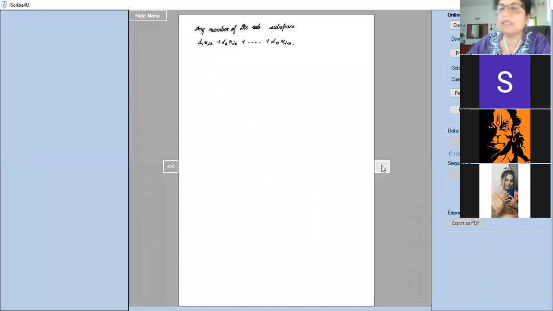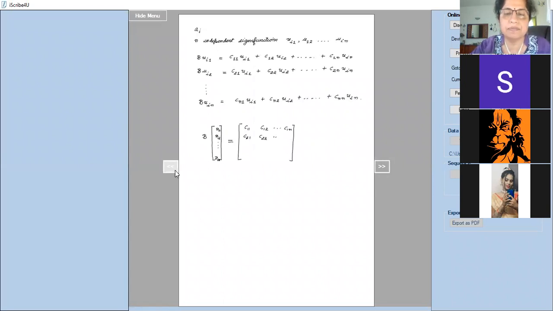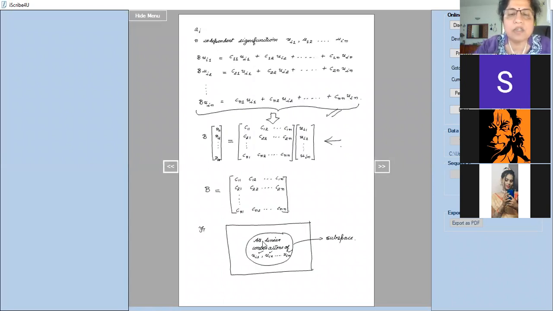Any member of the subspace will be a linear combination of these. Now what you have to realize is that this BUIR is also belonging to this subspace, correct? Because I can write this BUIR as a linear combination of this, so it must be belonging to the subspace.